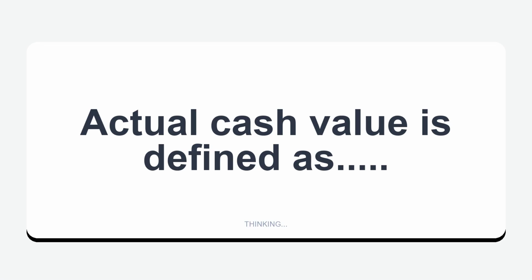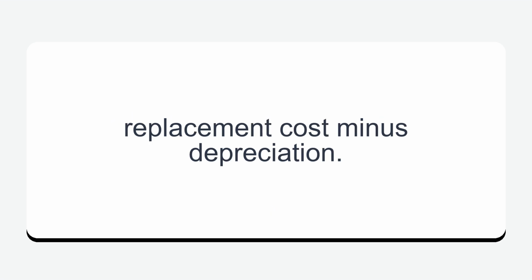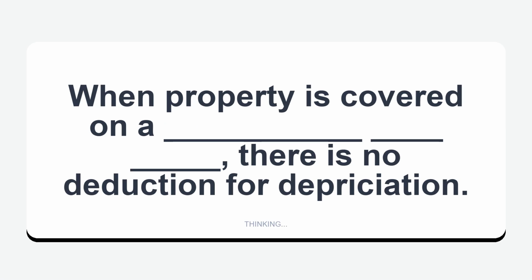Actual cash value is defined as replacement cost minus depreciation. When property is covered on a blank, there is no deduction for depreciation.